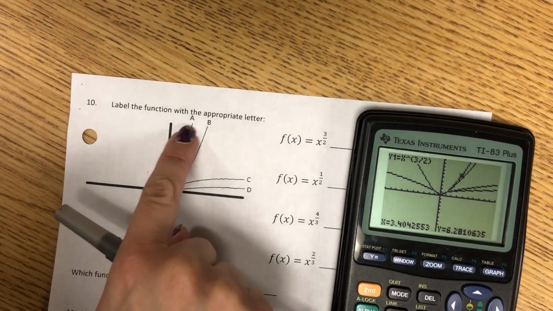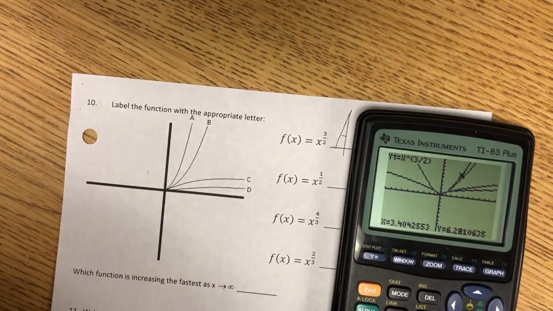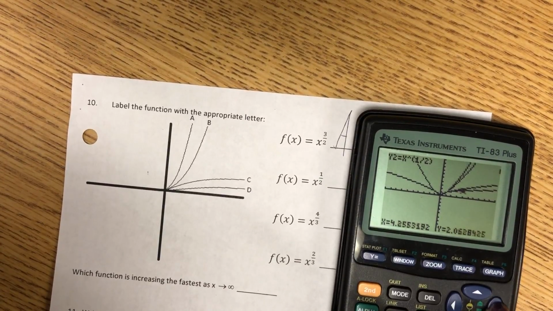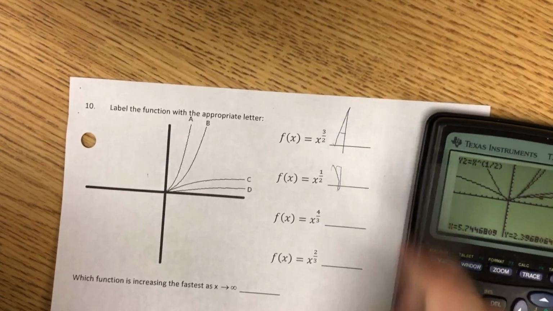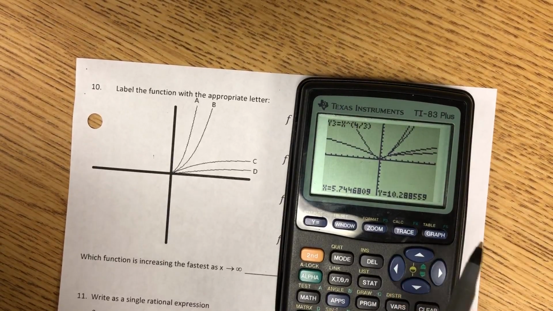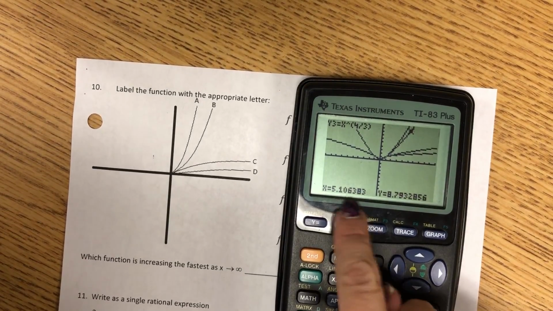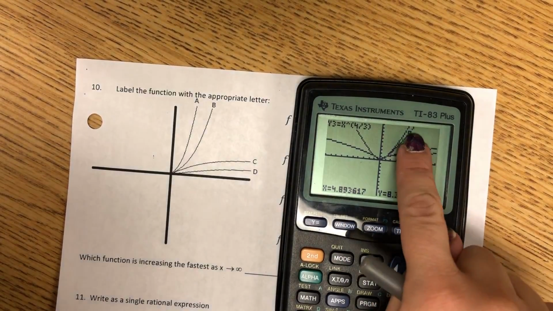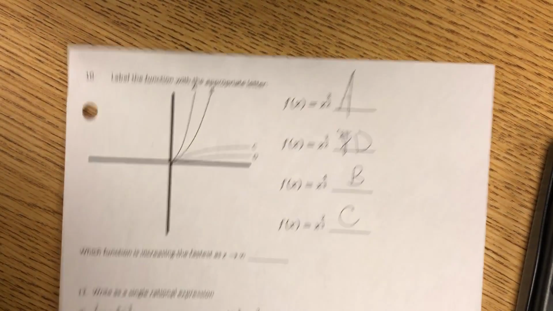So this first steepest one, A, is the 3/2, so that's this one, A. If I hit the down arrow, it moves to y2, and that's my least steep one, so that's D. And if I hit the down arrow again, it goes to y3. Oh, too far over. See how this is off the screen? All right, so it's the second steepest one. This is B, so that leaves that for C.